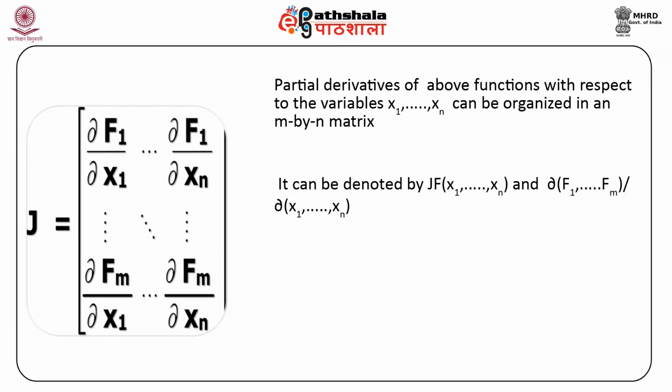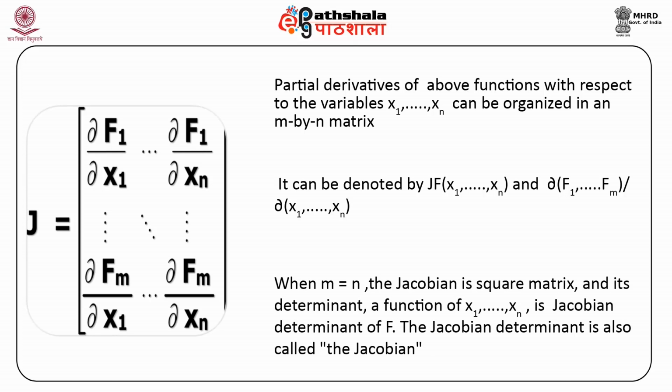The matrix can also be denoted by J_f or ∂(f1, ..., fm)/∂(x1, ..., xn). When m is equal to n, the Jacobian matrix is a square matrix and its determinant, a function of x1 going till xn, is the Jacobian determinant of f. The Jacobian determinant is sometimes also called the Jacobian.